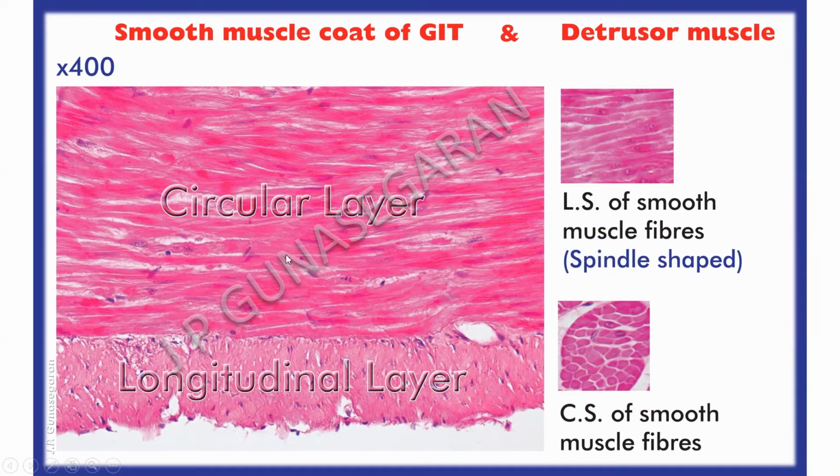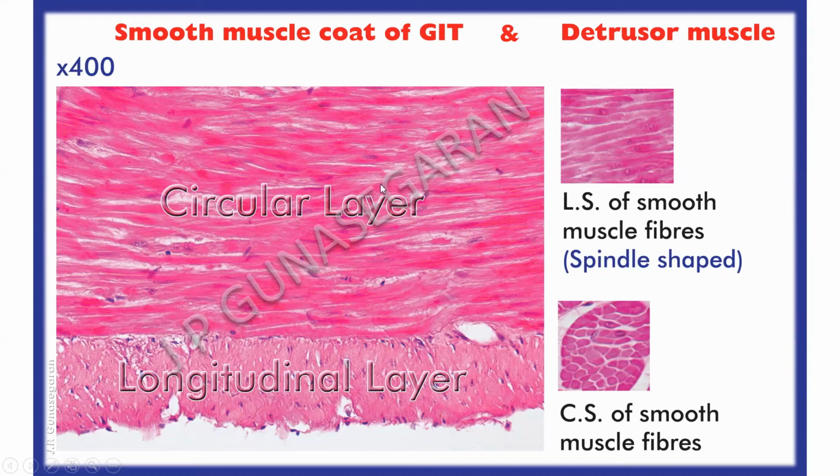This is a section of the wall of the GIT where the smooth muscle fibers are arranged into two layers, inner circular and outer longitudinal. On this side, you have a longitudinally sectioned bundle of detrusor muscle from the urinary bladder, and here is a cross section of a bundle.